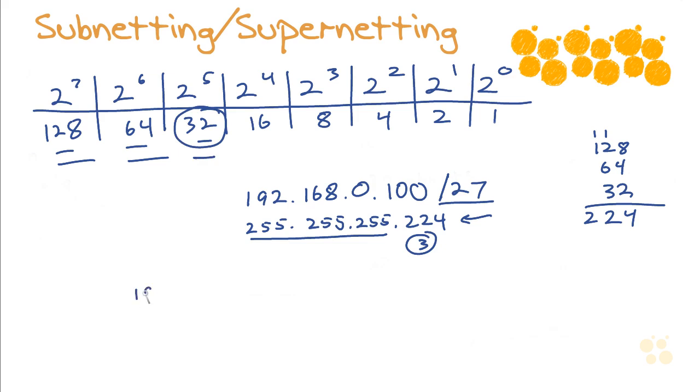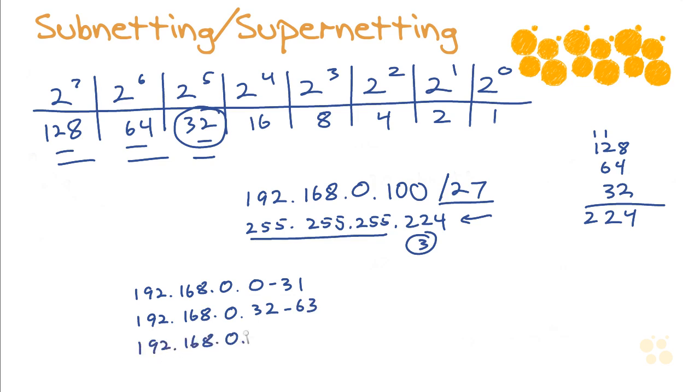So we have 192.168.0, and then we would have 0 to 31 is one subnetwork. 192.168.0.32 to, what's 32 more? It would be 63 is the next subnet. 192.168.0.64 is the next one.